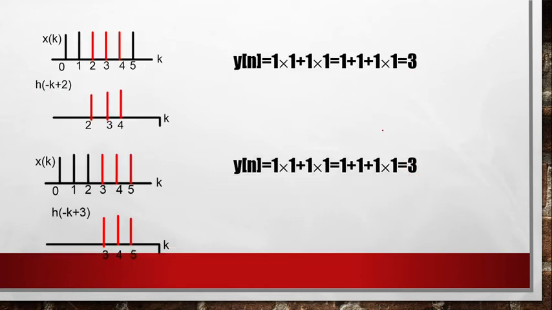Understand? Next I am again shifting. Similarly I am getting the output as 3 here. Again I am shifting it by 3 units in the right hand side. You can understand that this will interact, and finally I am getting the output equal to 3 in the same way.